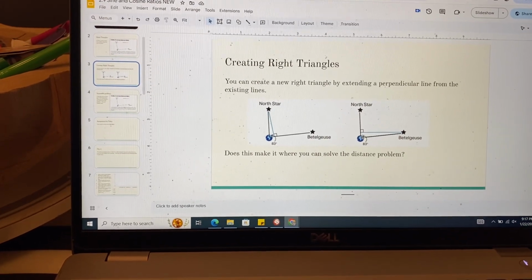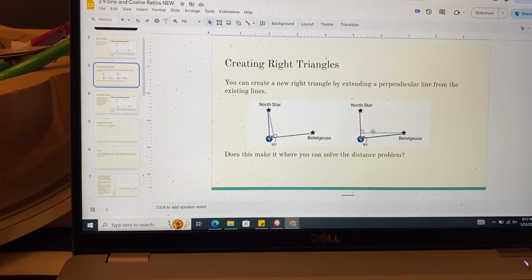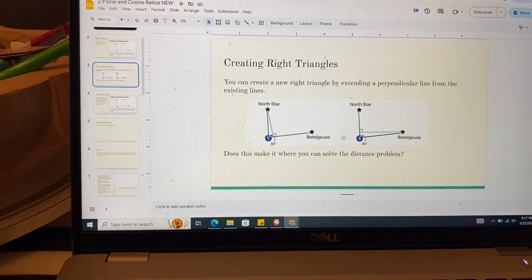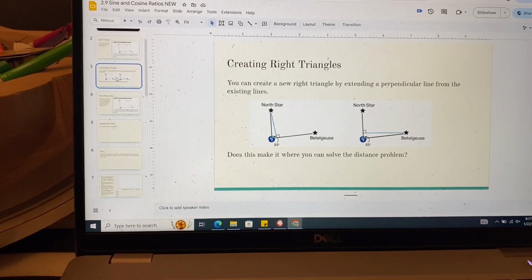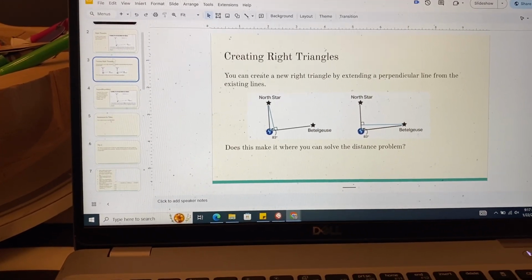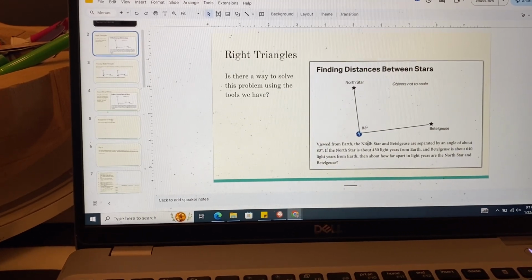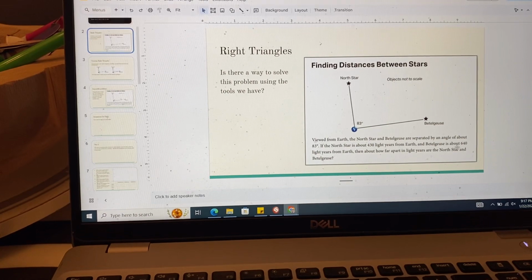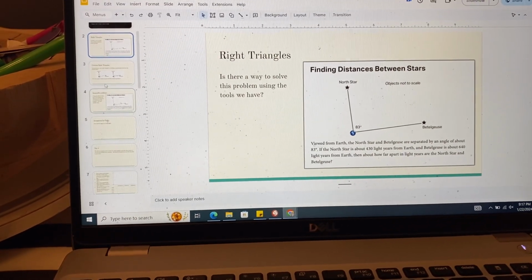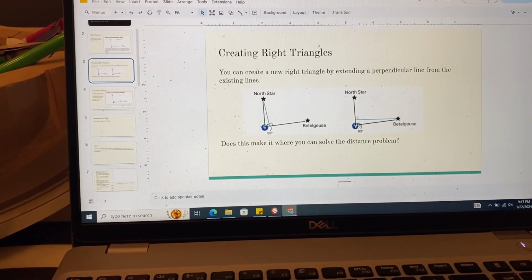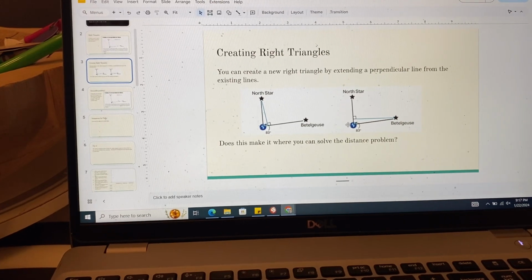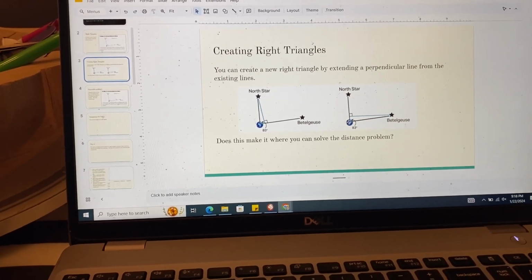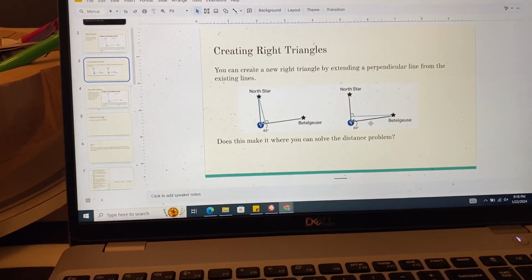Here's my 83-degree angle. This would be my opposite side, and I have my hypotenuse. So I can use sine to find that. And I know the distance from Earth to Betelgeuse is 640. So if I look at this, that would be the sine of 83 is equal to x over 640.